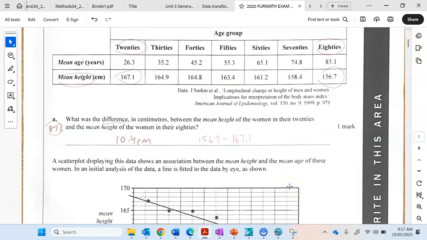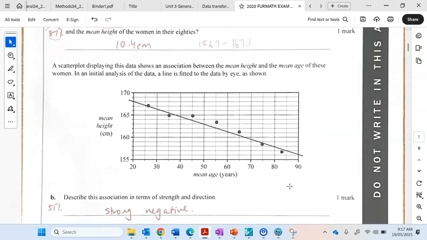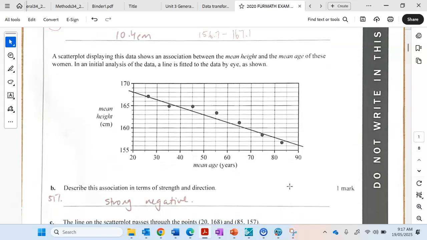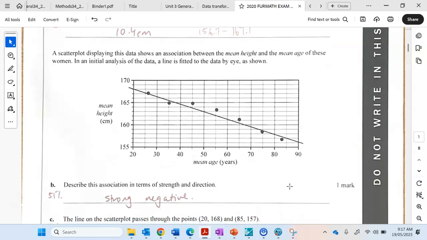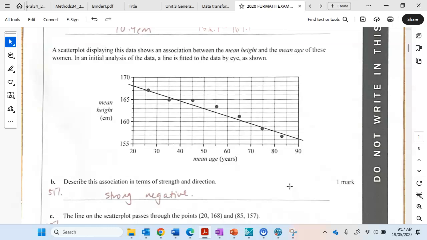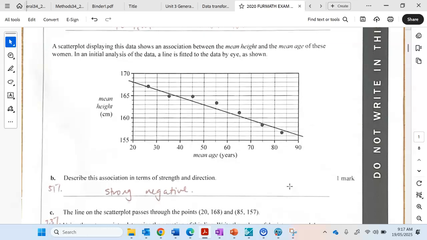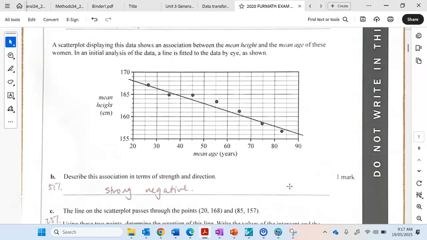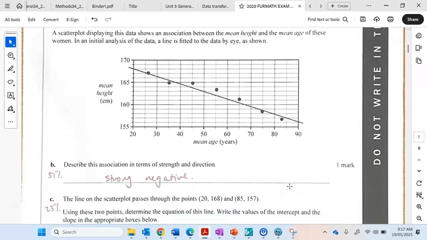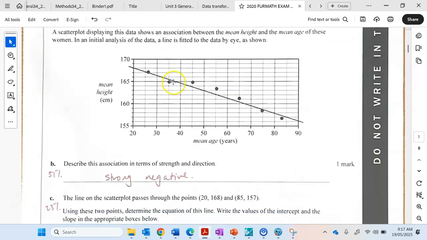So answered quite well. A scatter plot displaying this data shows an association between the mean height and mean age of these women. In an initial analysis of the data, a line is fitted to the data by eye as shown. So looking at the scatter plot, we've got a line there.